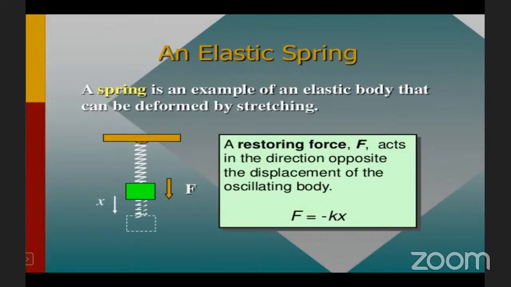Take a spring hanging with some mass attached. When a force is applied to the mass, the spring is extended by some distance x. Here you will observe a restoring force F acts in the direction opposite the displacement of the oscillating body. This is the principle F equals minus kx. Force is proportional to minus x, that is, a negative displacement.